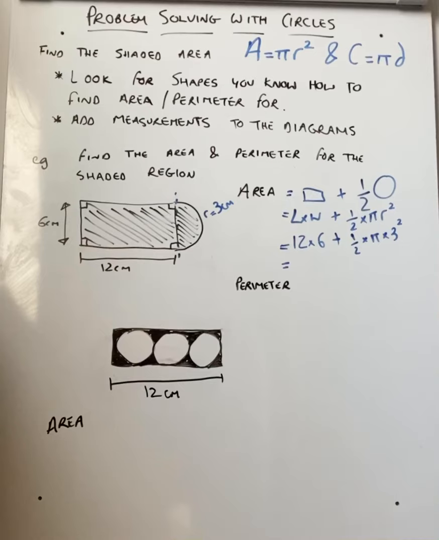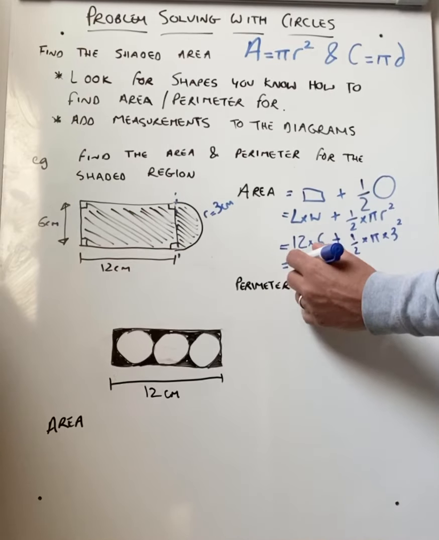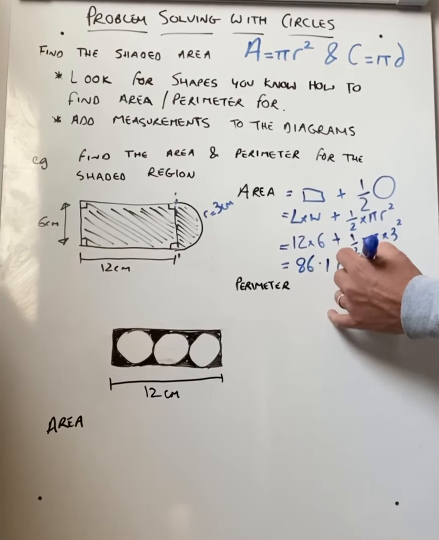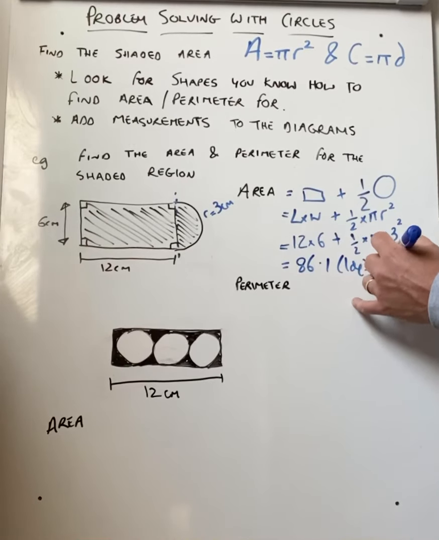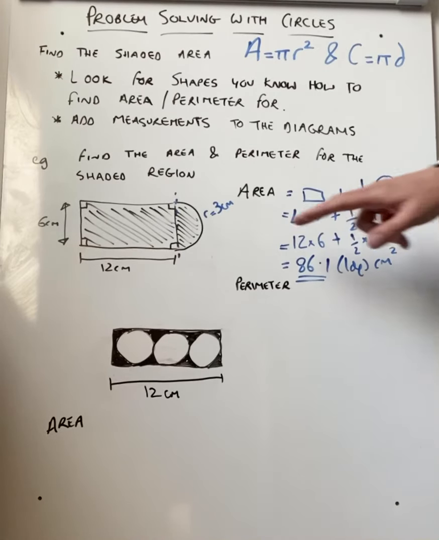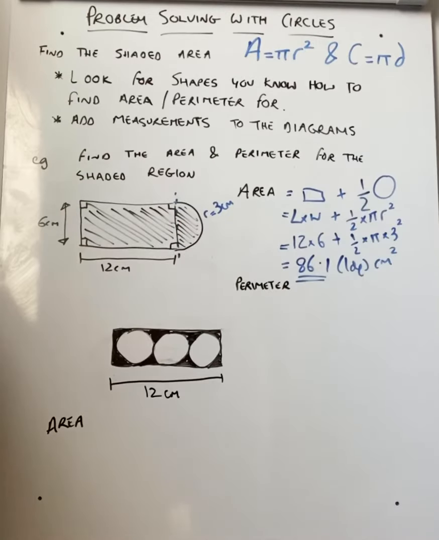So 12 times 6 plus a half times pi times 3 squared, and I get 86.1. I'm going to give it to one decimal place, and that's centimetres squared because that's the area. There we go, so that's our area to one decimal place of this shaded shape.